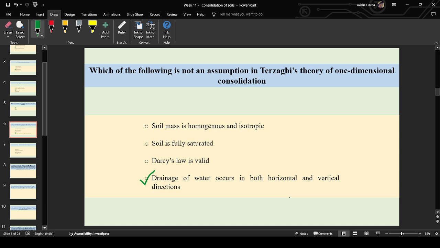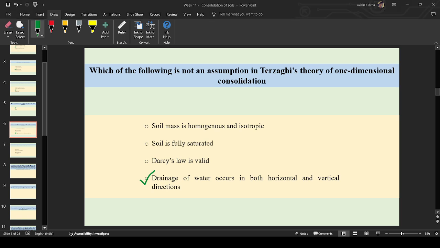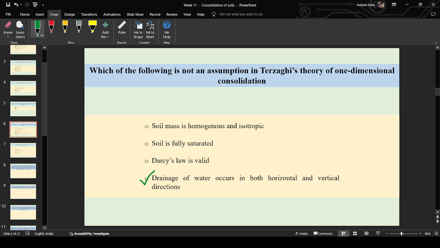That's why drainage is specifically vertical in the case of soil or rocks. So drainage of water in both horizontal and vertical direction is not an assumption in Terzaghi's theory of one-dimensional consolidation. Right answer.